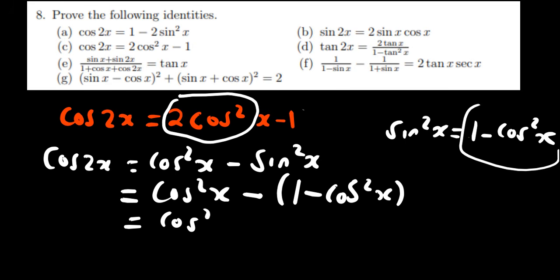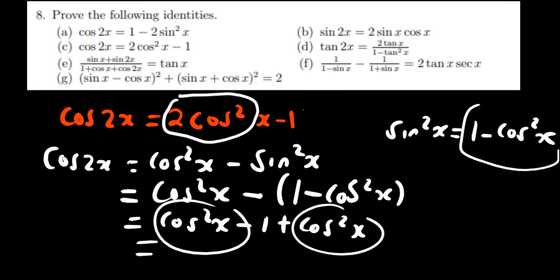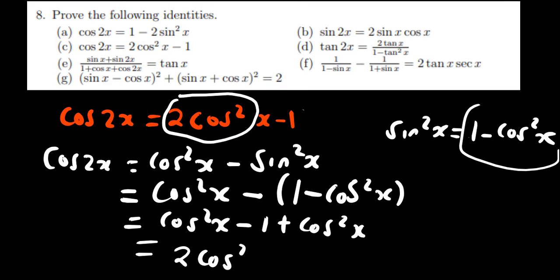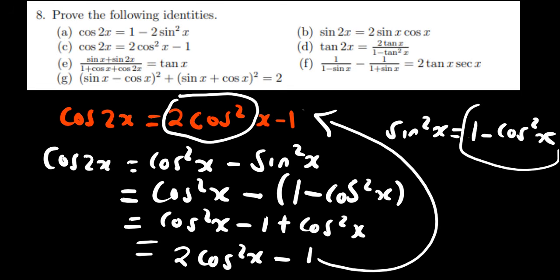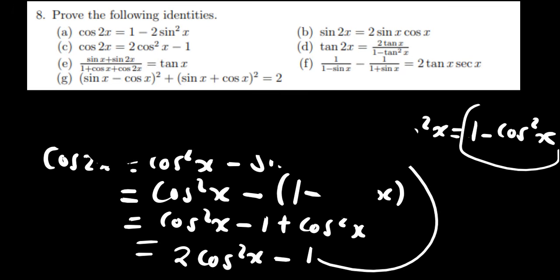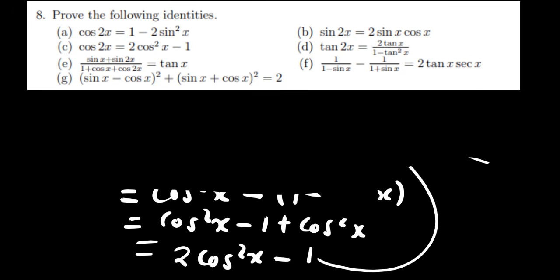Then I solve. So I have cos squared x. Now the negative can distribute. I have negative 1 positive cos squared x. Then this is the same as that, so they can add. So I'm going to have 2 cos squared x minus 1, which is now proven to be that, hence proven. Okay, so that's how you solve these proving identities. Nothing hard, just know your identities in and out, then you are good.